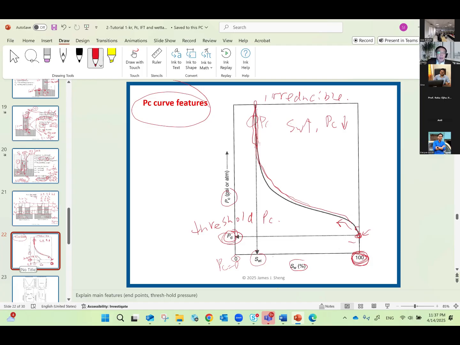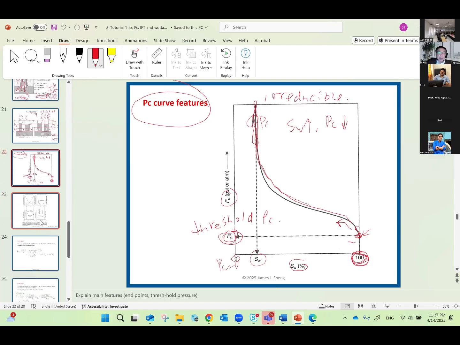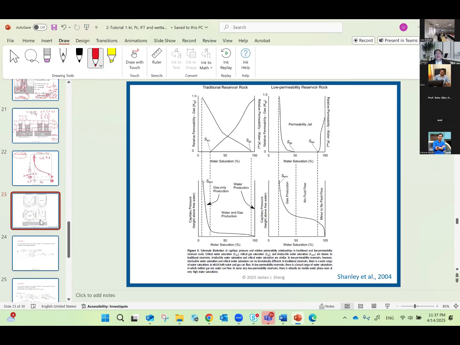This is the general description of capillary pressure. Let's look at what the shale reservoir capillary pressure looks like. First, let's review the relative permeability we mentioned yesterday. If you have a very large water saturation, water cannot flow. Or let's say this is gas: with very large gas saturation, the gas will not flow.